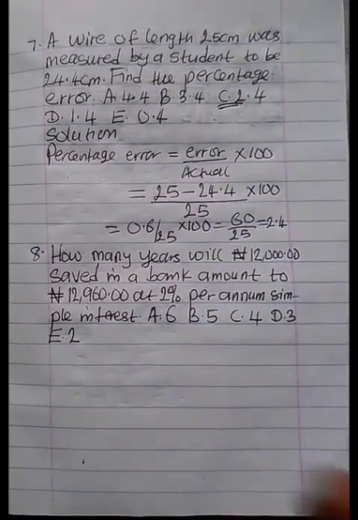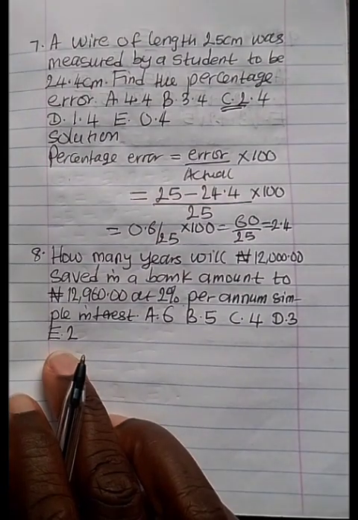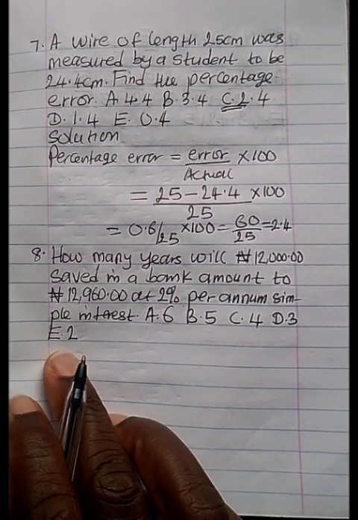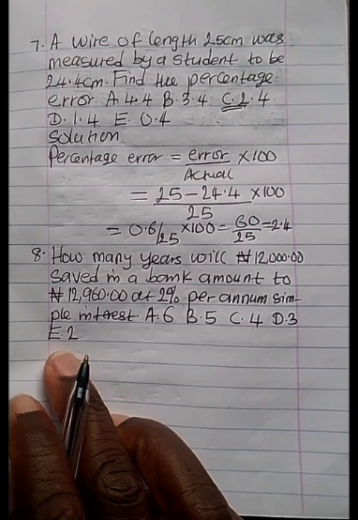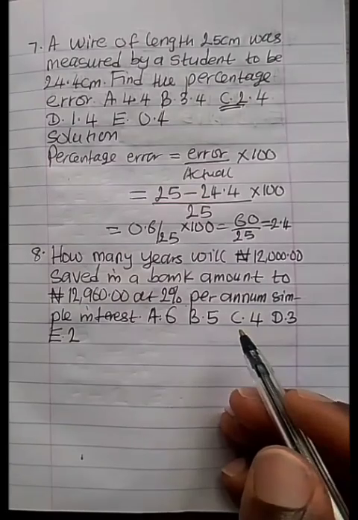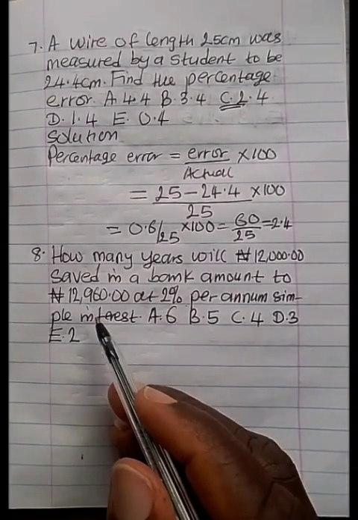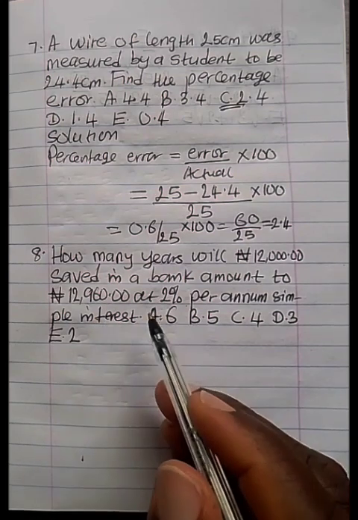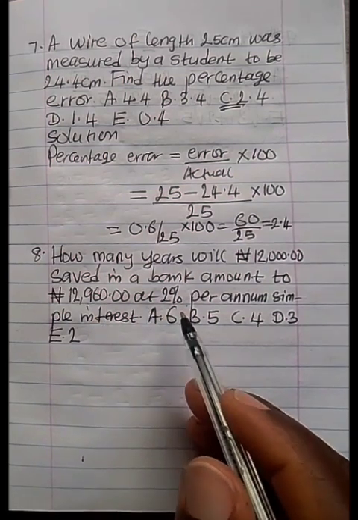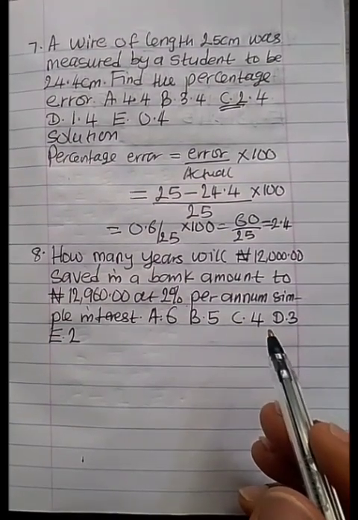Number 8. How many years will 12,000 naira saved in a bank amount to 12,960 naira at 2% per annum simple interest?